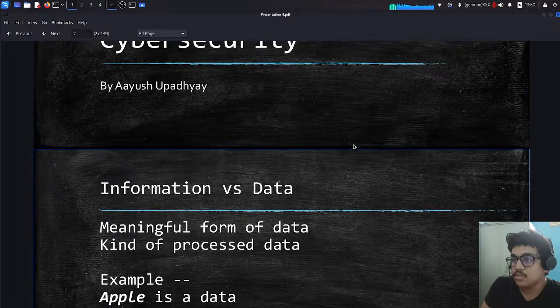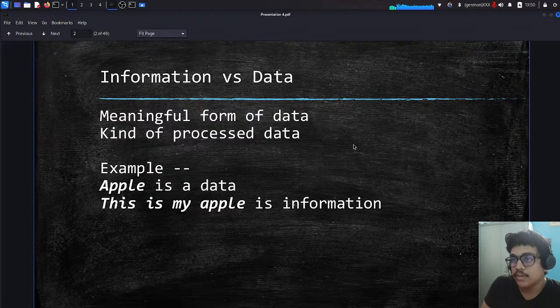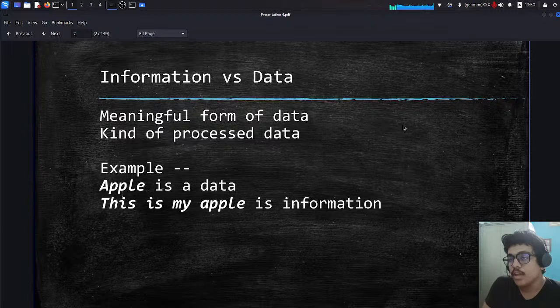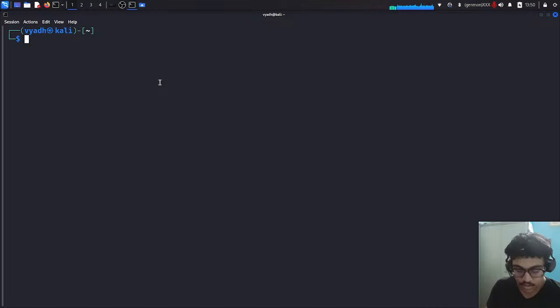But first, we need to know about what is information. Any meaningful form of data. So what is the major difference between information and data? Data can be anything. For example, if I am writing random strings, it is data. It has a particular size, it is ASCII text.